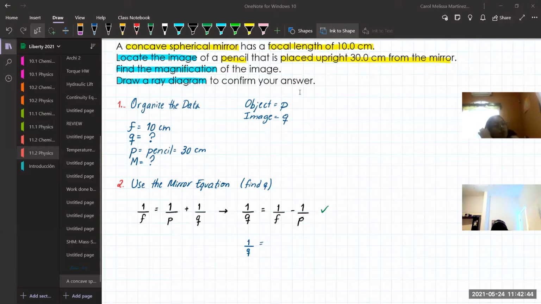So we say 1 over the focal length minus 1 over p. p is my object, and my object is placed 30 centimeters away from the mirror. So 1 over f is 1 over 10 minus 1 over p, that is 1 over 30 centimeters.